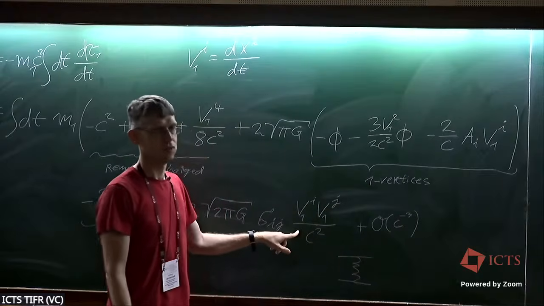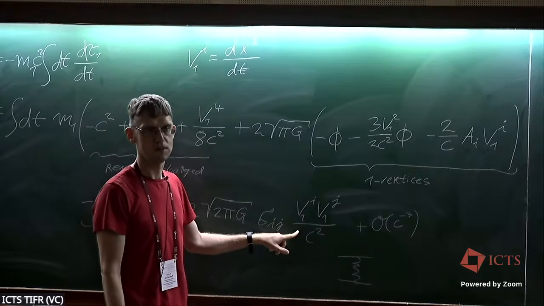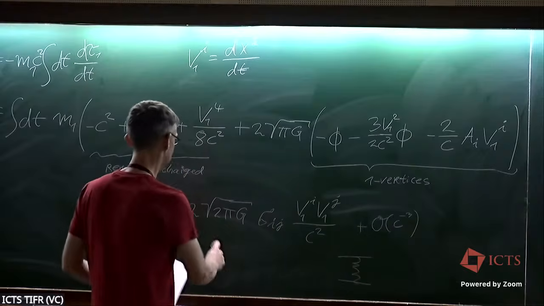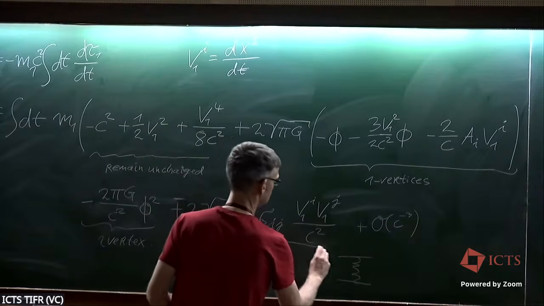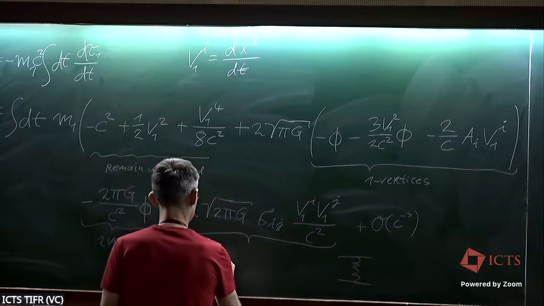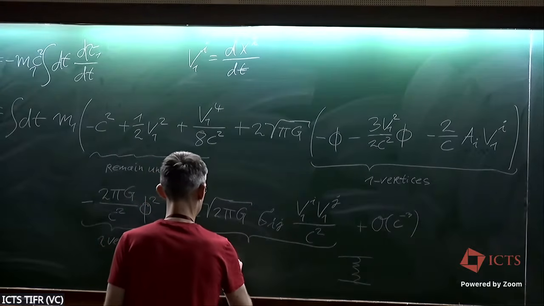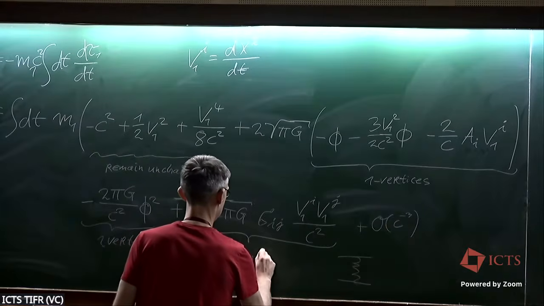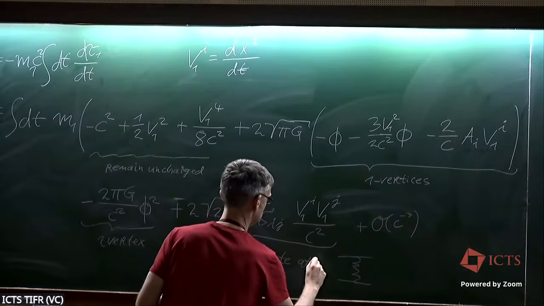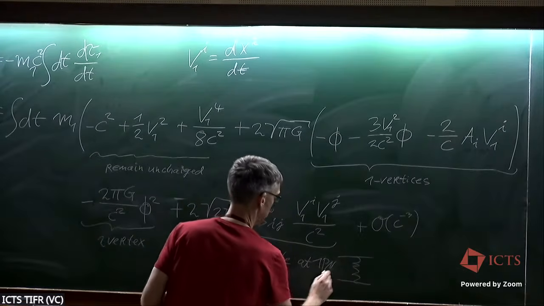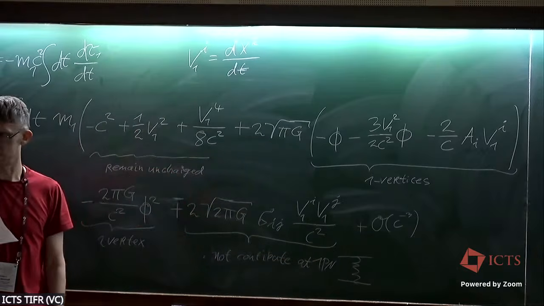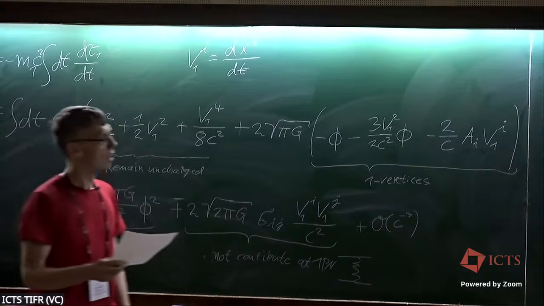So you cannot have this vertex only once in the diagram. You always have to have it twice, and then it's 1 over c to the power 4. So this guy also doesn't contribute in the end, right? Because the only diagram that you can write down is this one. Okay.